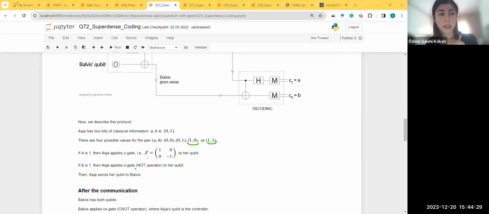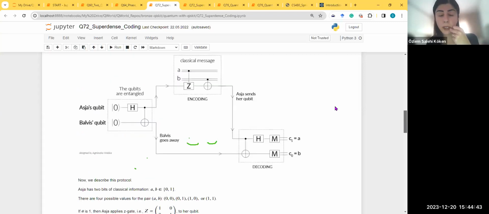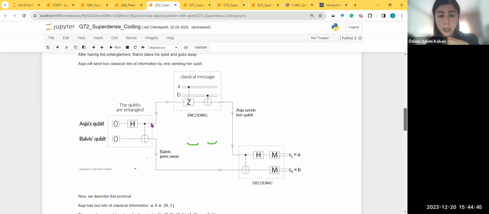And once Asya sends her qubit, Balvis now has 2 qubits. And he applies a control NOT, and then a Hadamard. So overall, this is how the protocol looks. Asya has her own qubit, Balvis has his own qubit, they're entangled to start with.